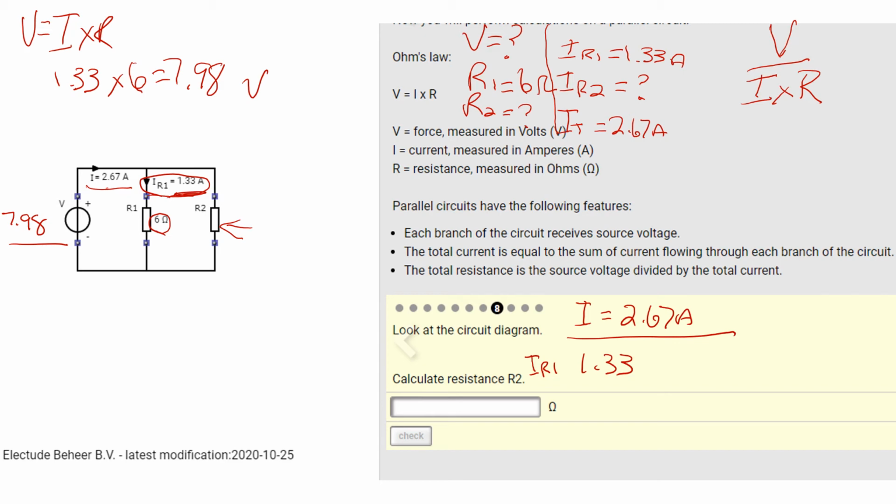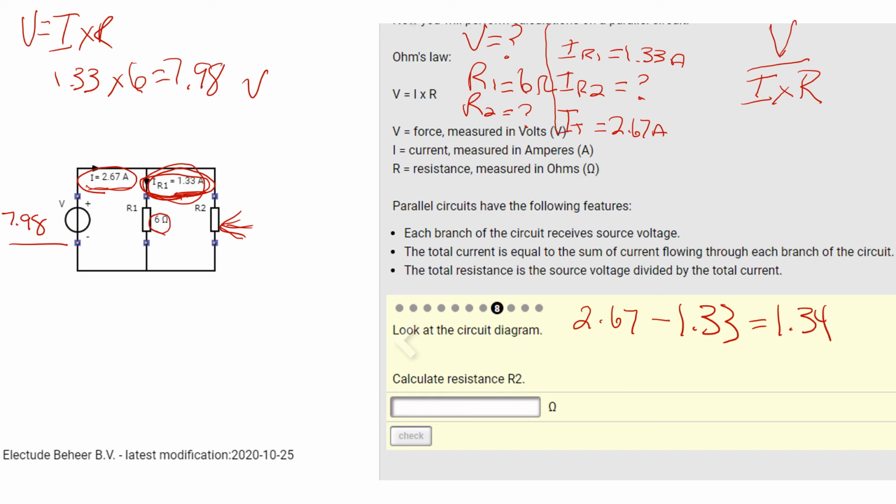So if I know my total is this, and I subtract this, I should get the remainder. The remainder is going to be this guy right here. If I take 2.67, that's my total current in the circuit, and I subtract 1.33, which is the one I know, I'm left with 1.34 amps. So that means this right here has to be 1.34 amps in resistor 2.